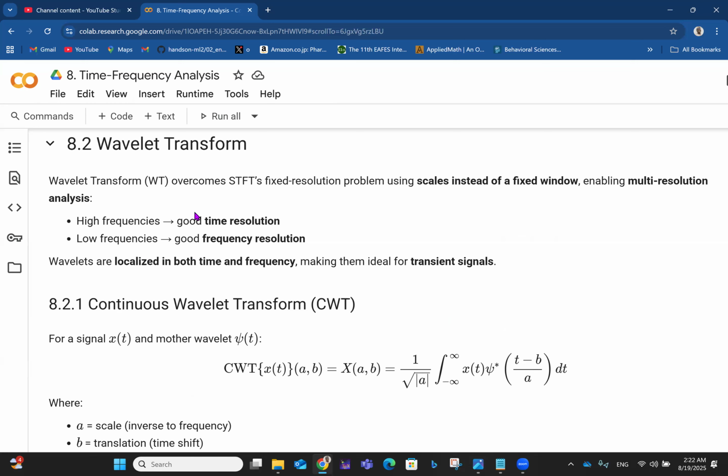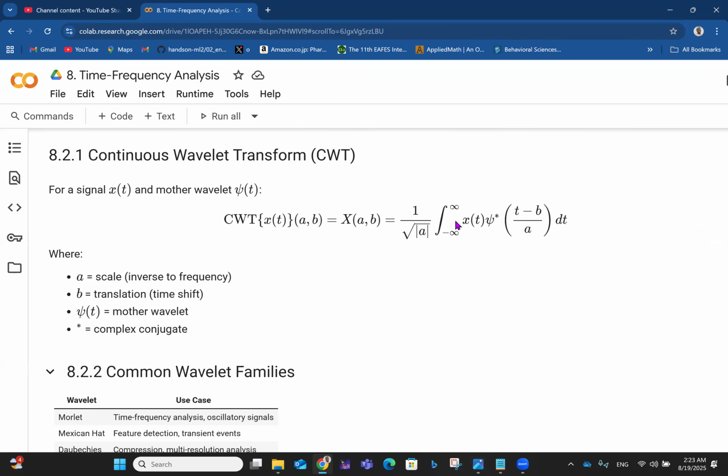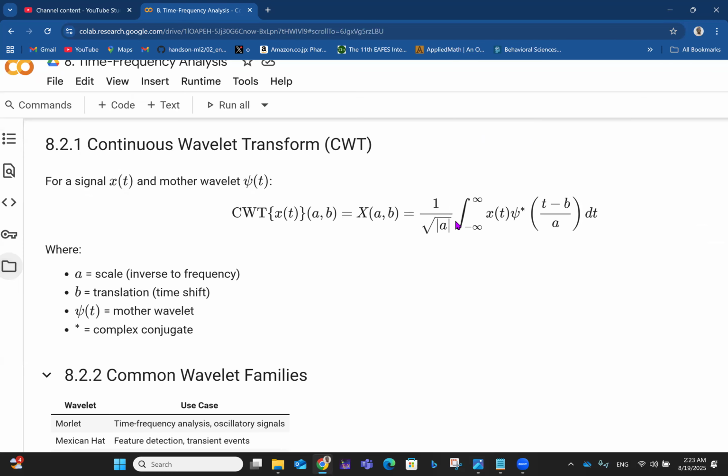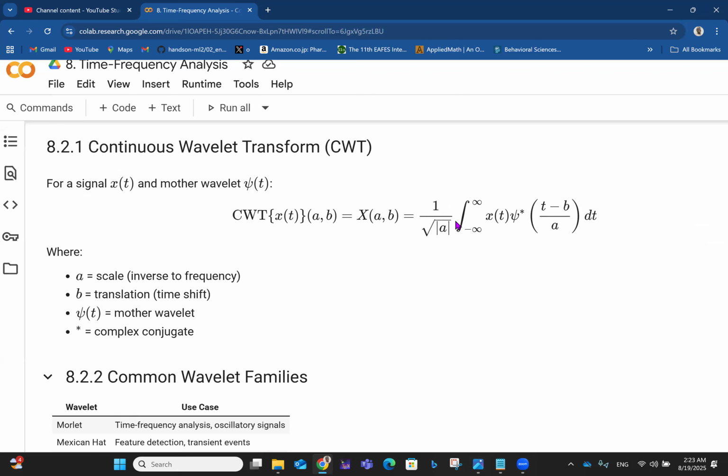For high frequency, you get good time resolution, and for low frequency, you get good frequency resolution. Wavelets are localized in both time and frequency, making them ideal for transient signals. A very good example is the continuous wavelet transform, the CWT.